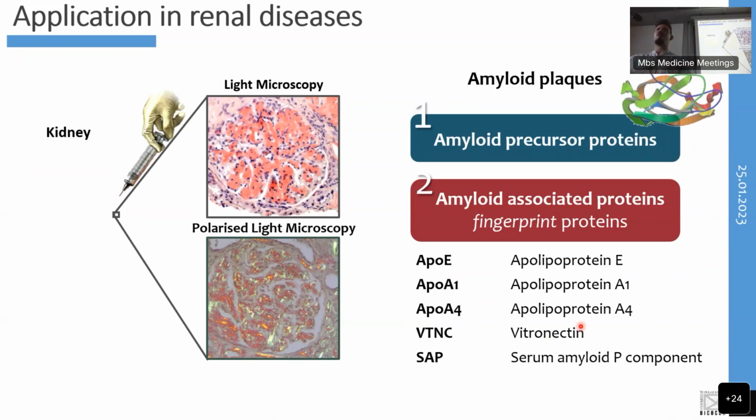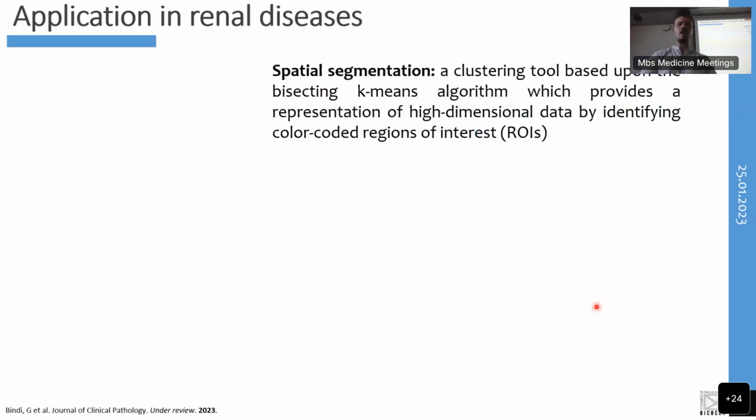So we thought, okay, can we use this technology, using the presence of these proteins as a guide, to detect regions of renal amyloidosis and define the responsible precursor protein, that can then be integrated quite nicely within a pathologist's toolbox? So the first thing that we did is we performed spatial segmentation of our tissue.